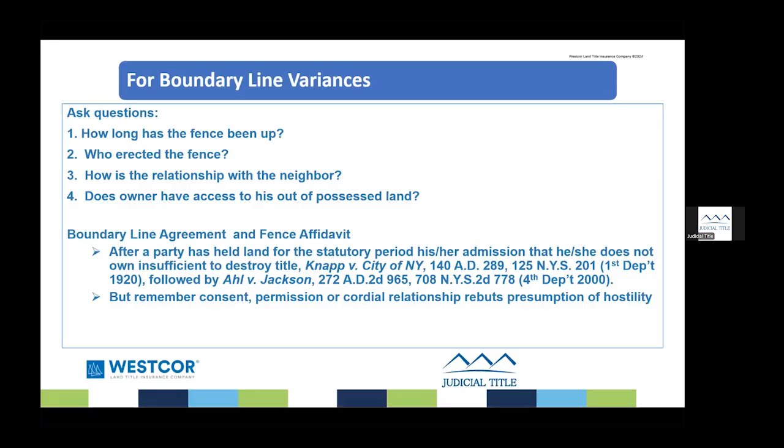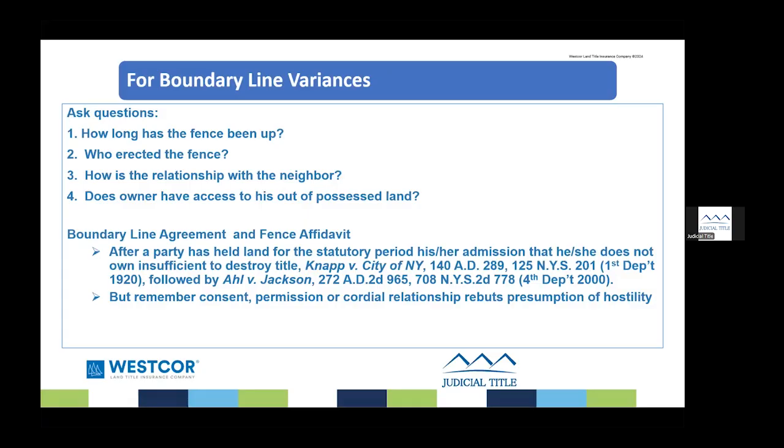The challenge with some of the cases and the statute is that it doesn't really give specific criteria of what is de minimis, what's not, and what's permissive. So I would say just a portion of the driveway in and of itself may not be considered adverse enough and potentially could be considered de minimis.